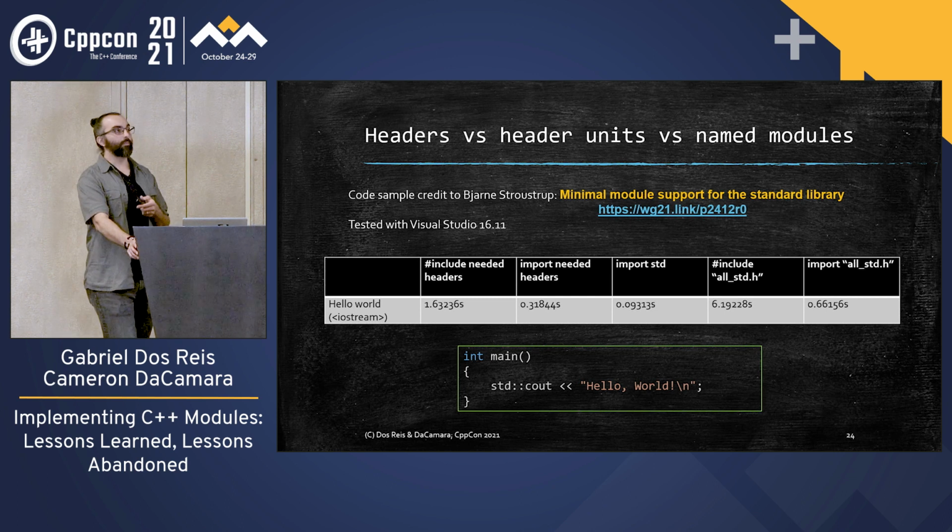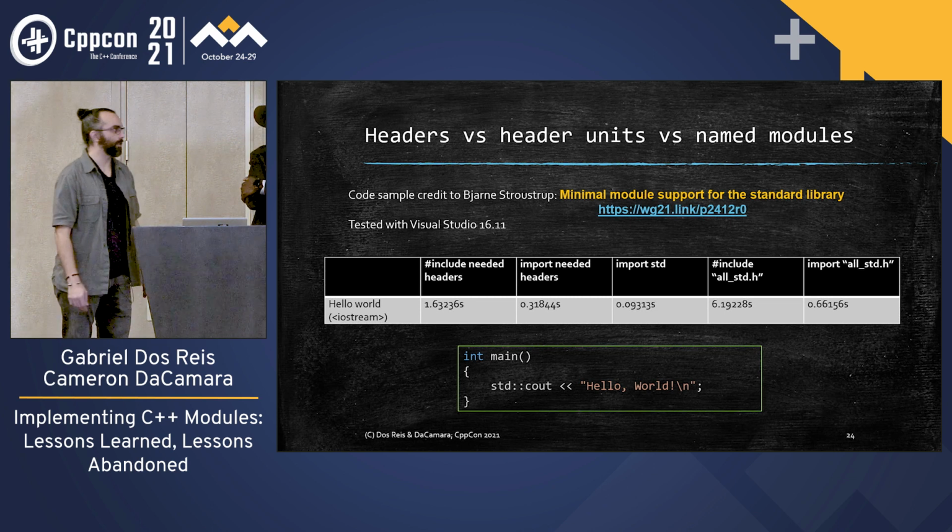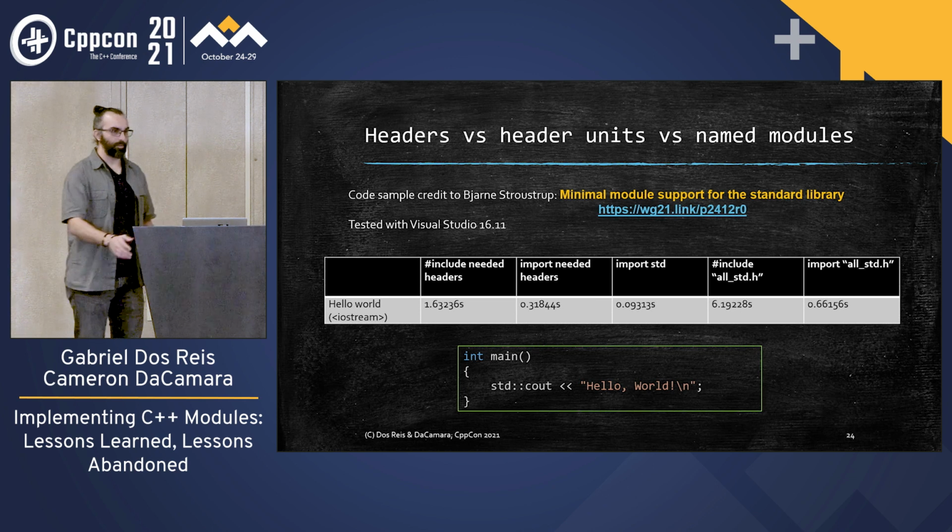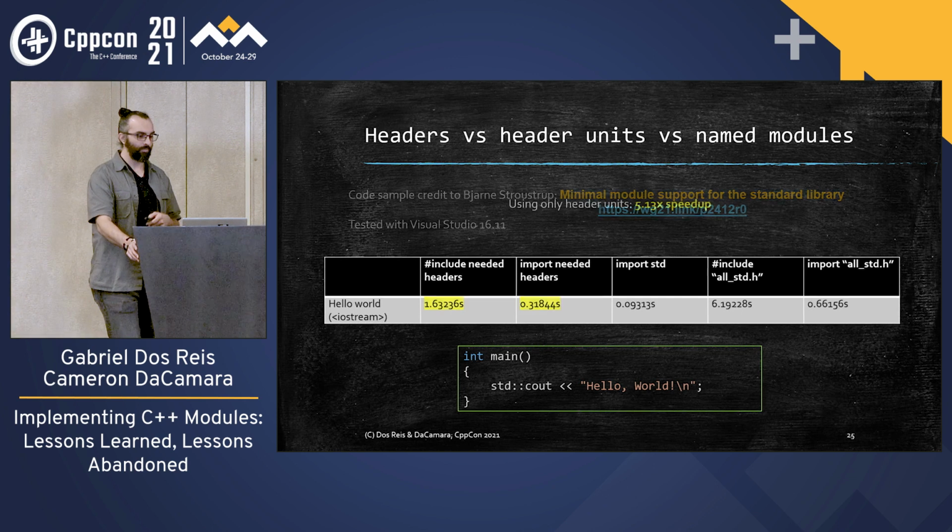In particular, these numbers were gathered with Visual Studio 16.11, so all of the optimizations that we're going to talk about throughout this talk are part of that release. Let's focus in on what we're trying to measure here, and it's this green square down here, which is int main std::cout hello world, the canonical C++ hello world program. Everybody has probably written this at some point.